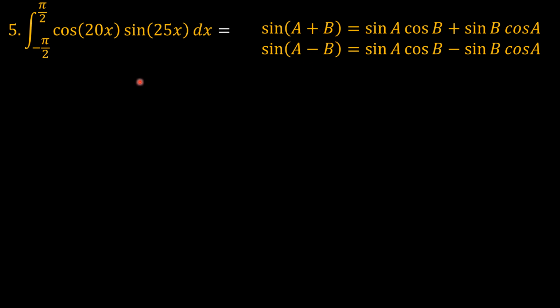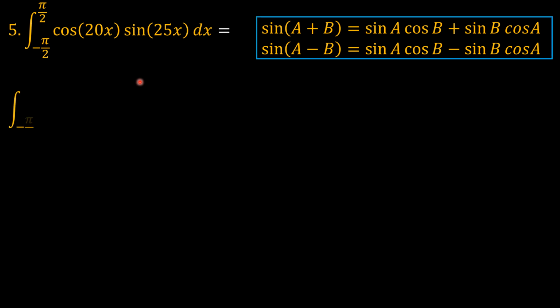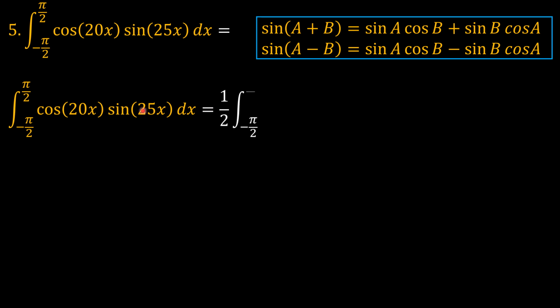So what this means is our integral is the same as the integral of half of sine of 20x plus 25x, which is going to be sine 45x, plus sine of 25x minus 20x, which is sine 5x.